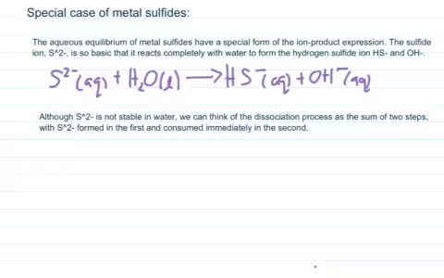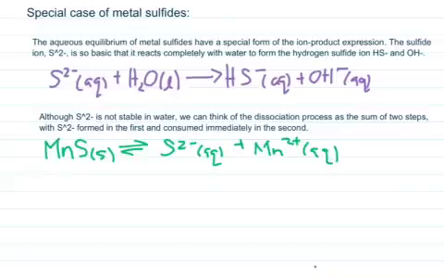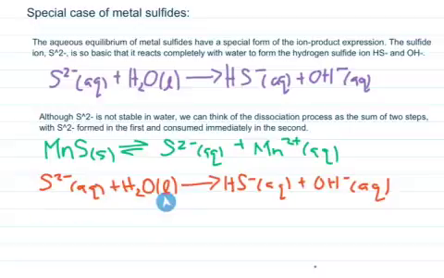So let's do an example with manganese(II) sulfide. The first thing we're going to do is take manganese(II) sulfide and create its ions. So we get sulfide and manganese. Then the next step is we're going to consume the sulfide ion. Once we write out the reaction, we can get rid of what's similar. We notice we have 2 sulfides, so we can cross that out. Now we can bring everything down.